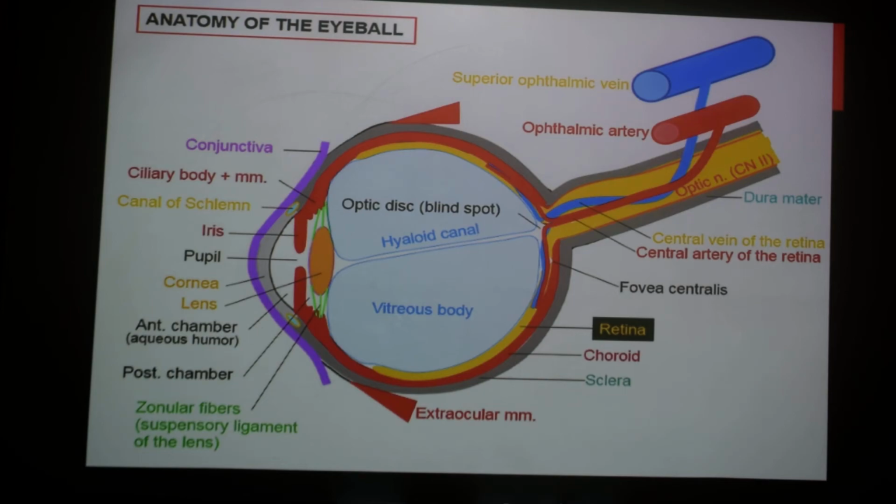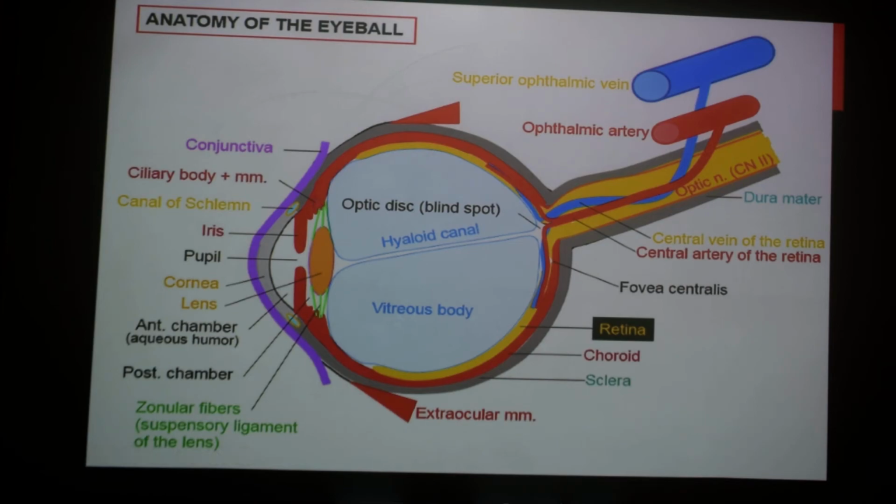So the outer part of the retina, which is the pigment epithelium, is supplied by the choroidal capillary network. Now, as we go forward, the choroid is going to lead into this body, which is called the ciliary body.